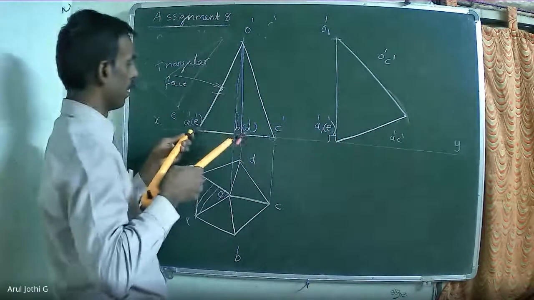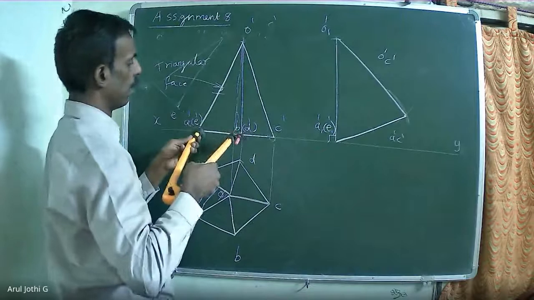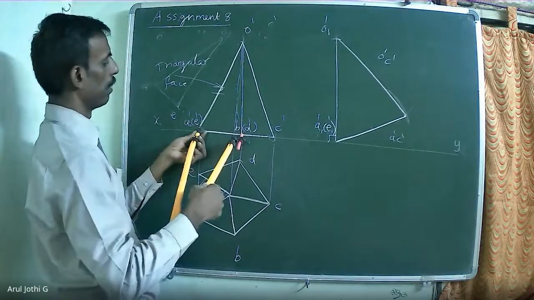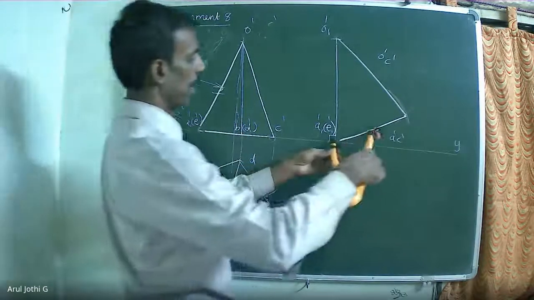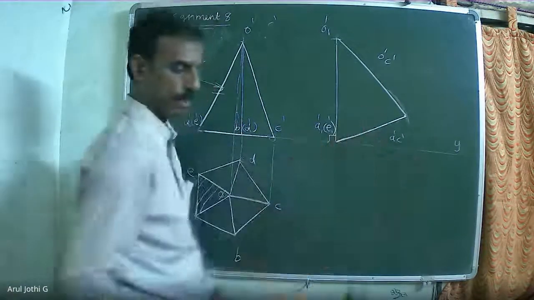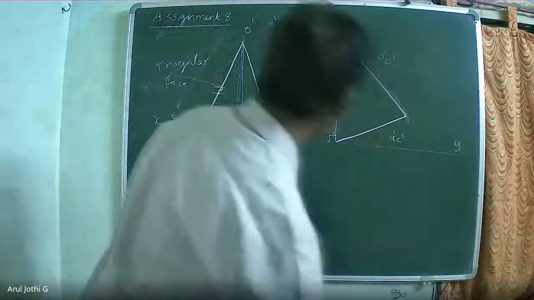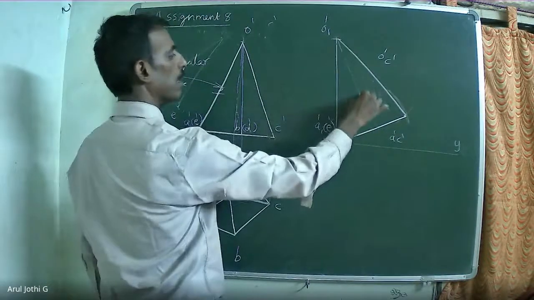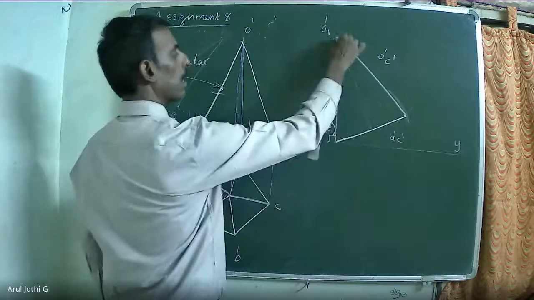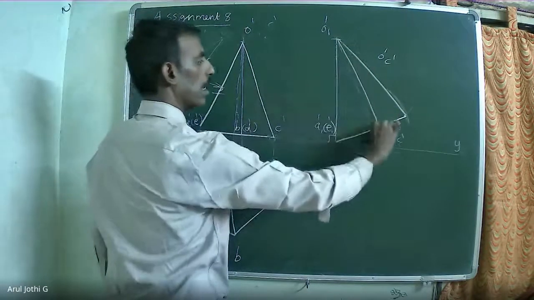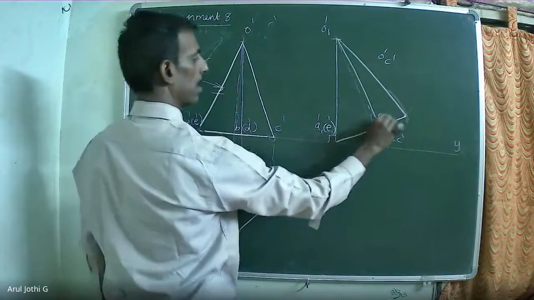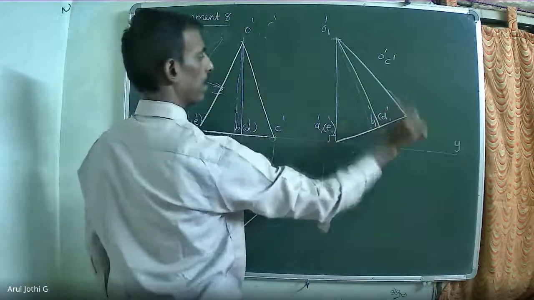Then transfer A to B. This AB measurement has to be transferred. Join the axis line. Then join the visible edges, B1 dash and D1 dash.